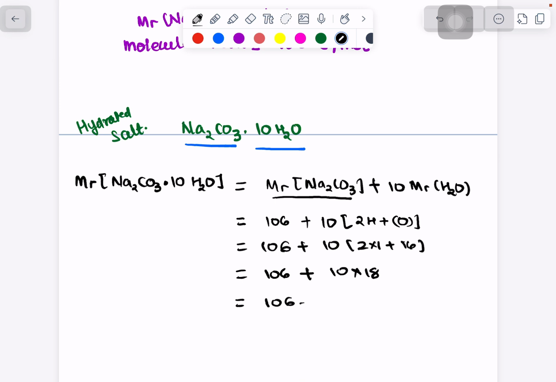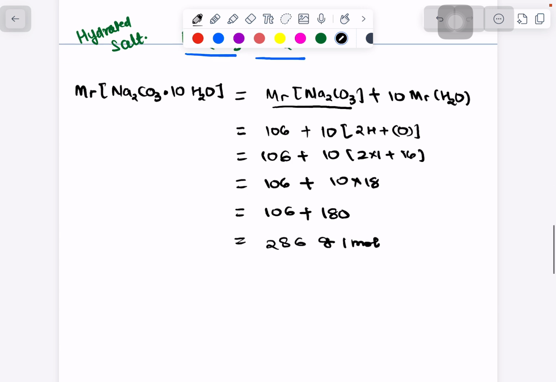So it's 106 plus 180, which is 286 gram per mole if you just calculate the molecular mass. Okay, so that's how we calculate the molecular mass of a hydrated salt, or the salt with crystalline water in it. Now make sure you don't get confused: calculate the relative molecular mass of the salt molecule, then separately calculate the molecular mass of water, and then add them together. You can do that. It makes things easy.